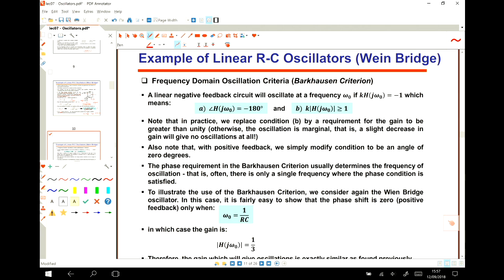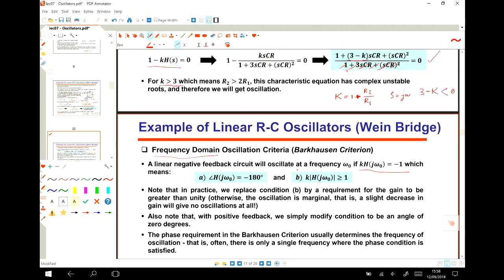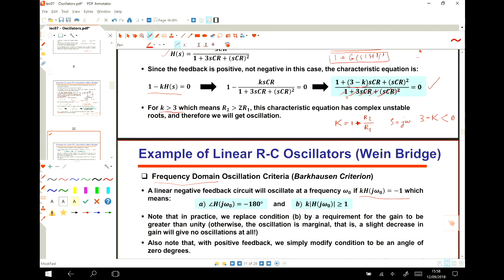Okay, in the frequency domain, we know that with negative feedback this is -1.